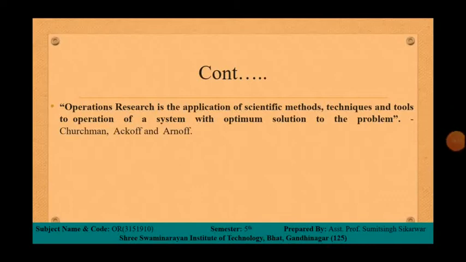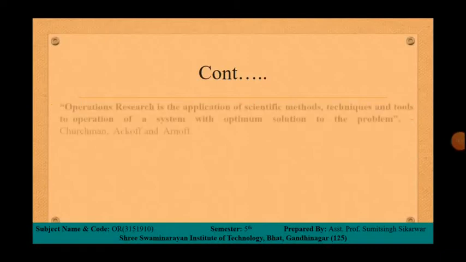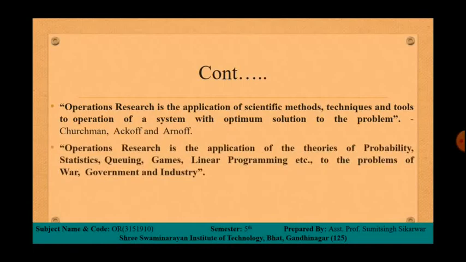Another definition is: operations research is the application of the theories of probability, statistics, queuing, gaming, linear programming, etc. to the problems of war, government, and industries. Now, this definition gives a list of various techniques used in operations research by managers to solve the problems under their control.